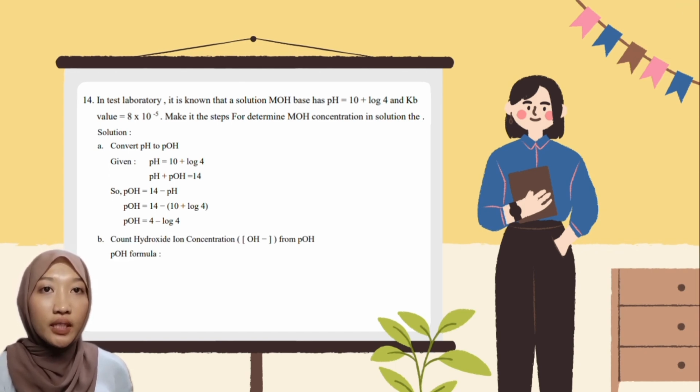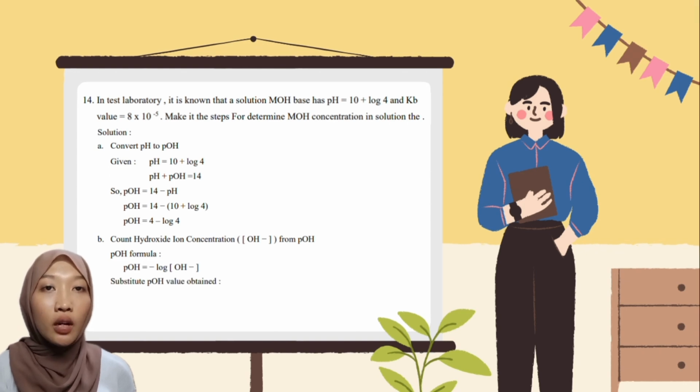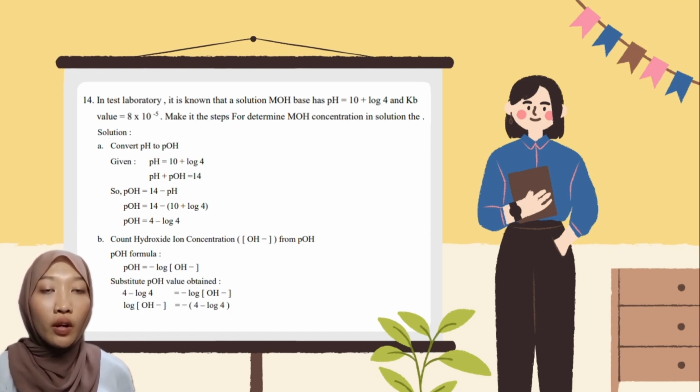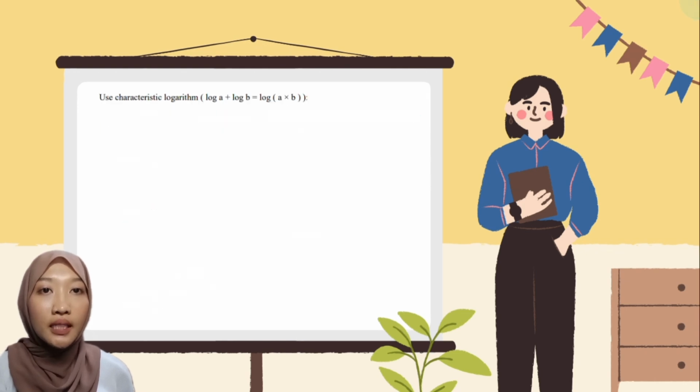Next, count hydroxide ion concentration OH minus from pOH. The formula is pOH equals minus log concentration OH minus. Next, substitute the pOH value obtained: 4 minus log 4 equals minus log concentration OH minus. Log concentration OH minus equals minus 4 plus log 4.